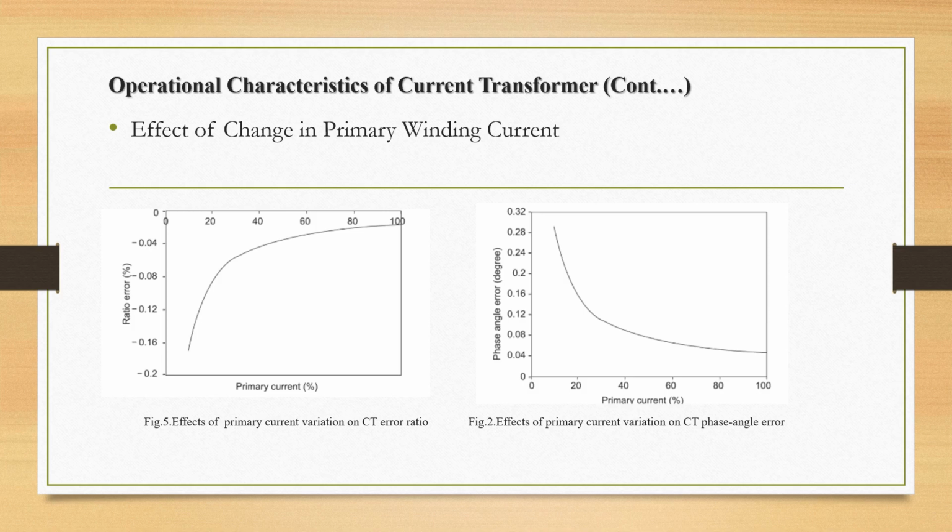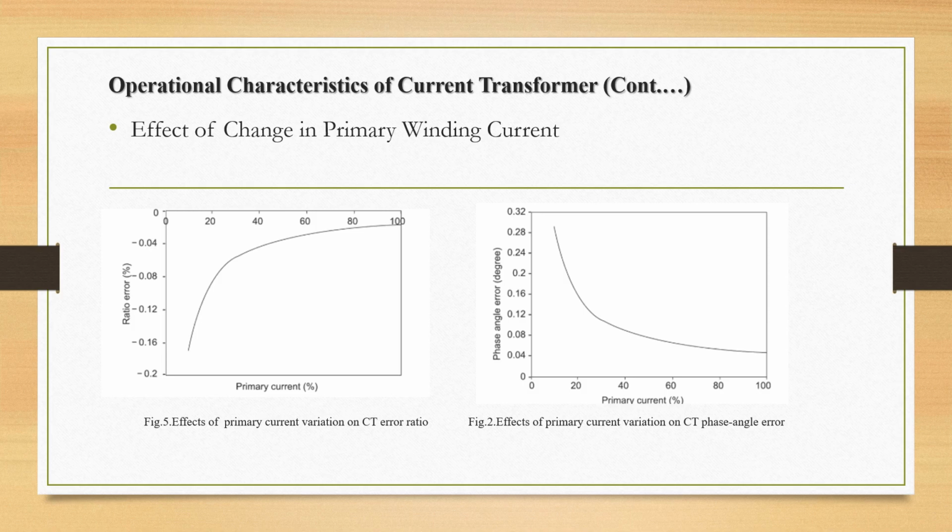If the magnetizing component is higher, the phase angle error will be higher, as phase angle error is directly proportional to the magnetizing component.